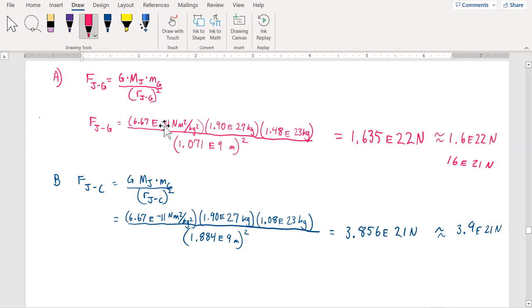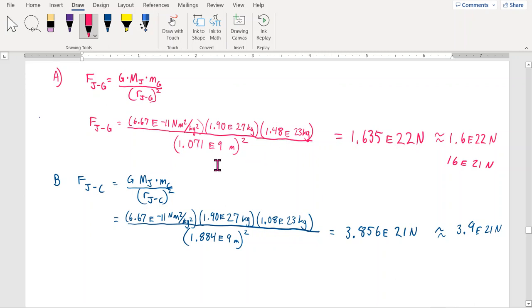Obviously, the big G is not going to change, nor is the mass of Jupiter. But if we look at the mass of Ganymede, 1.48 times 10 to the 23, and then the mass of Callisto, 1.08 times 10 to the 23. They're not twinsies, but they're really close. Astronomically speaking, one is considerably more massive, but yeah, they are really close. So I'm going to say they're close enough that they are twinsies for this comparison.